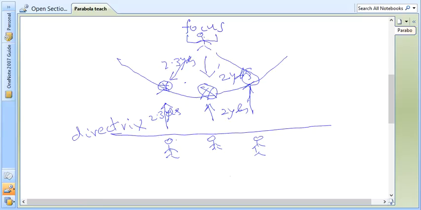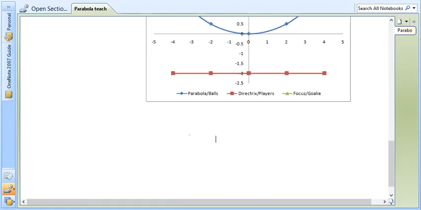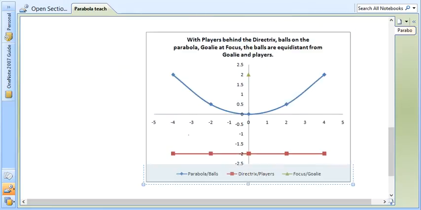So if we go down a little bit, you can see a slightly cleaner diagram of this. So this red line is our directrix, and the blue line that you see is our parabola, and if you can see that green triangle, that's the focus where the goalkeeper is.